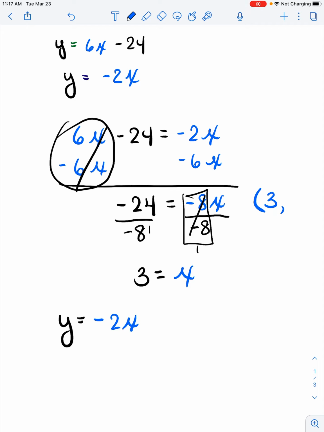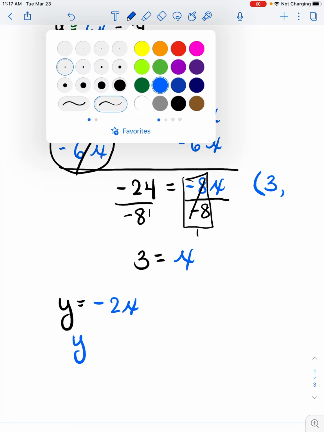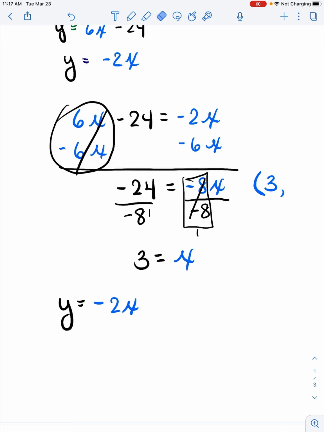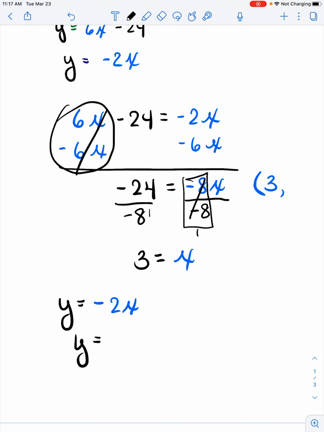Okay, and if I know that x is equal to 3, I have y is equal to negative 2 times 3, and y should be equal to negative 6.